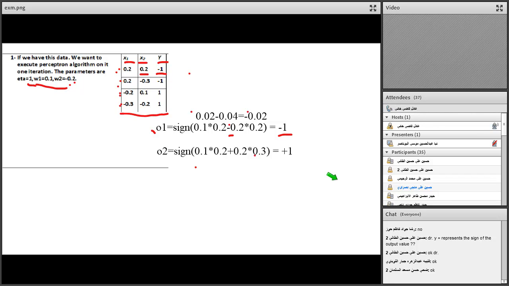You see this O2? O2 is sign of 0.1 multiplied by 0.2, W1 X1, W2 X2, and the result is plus 1.